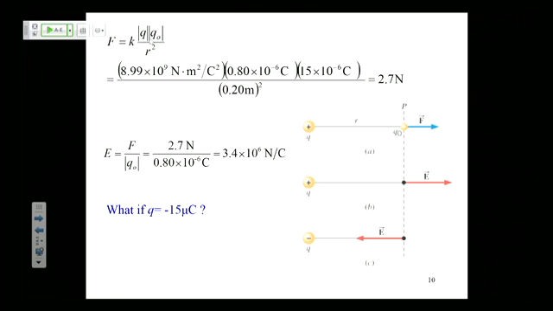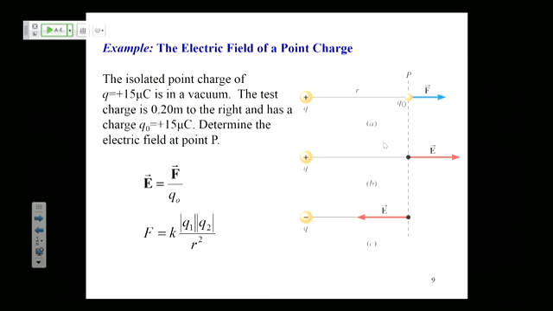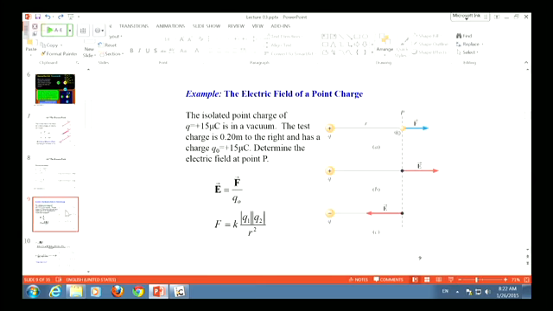Q is 15 microcoulomb and Q naught is 0.8 microcoulomb. It is the test charge. Yeah, I see. That's wrong. It's not 15. This should be 0.8. Thank you for pointing to that.